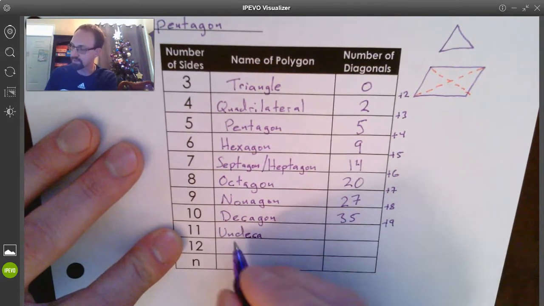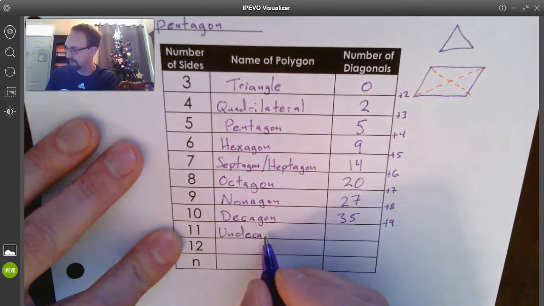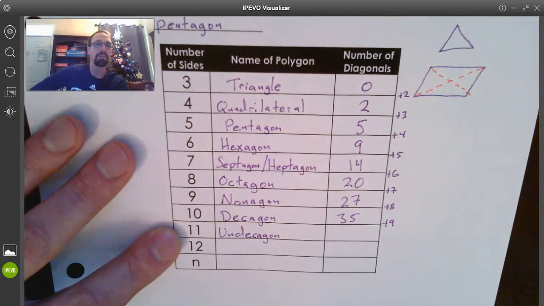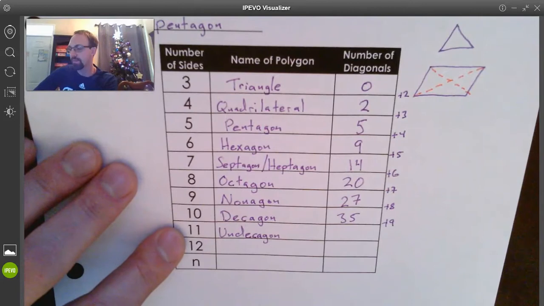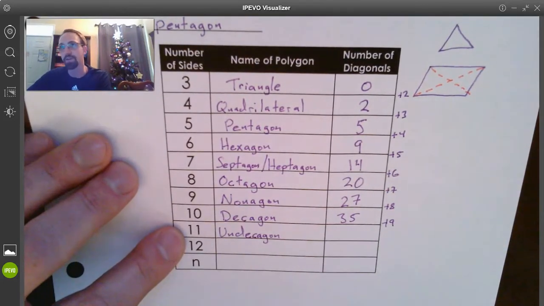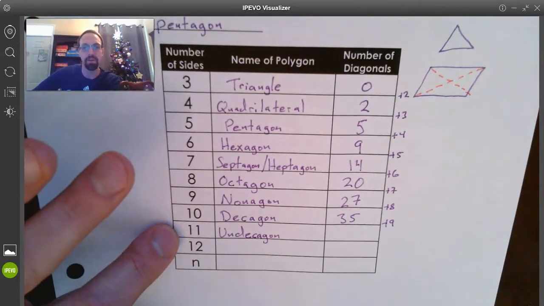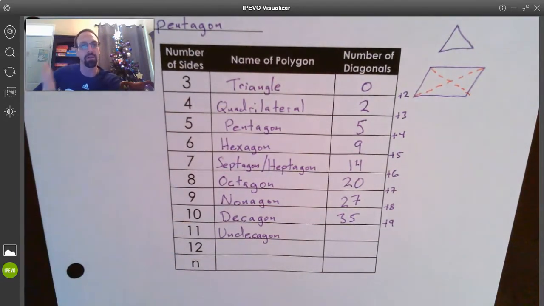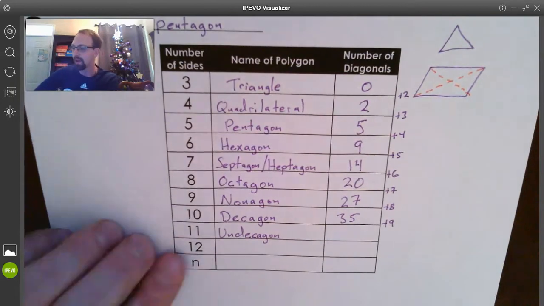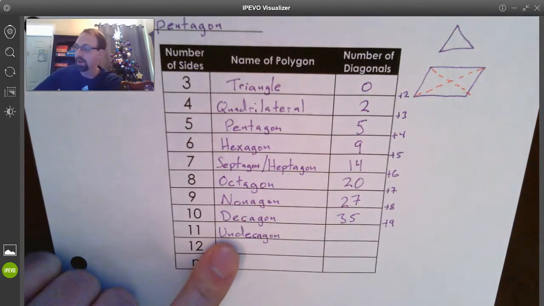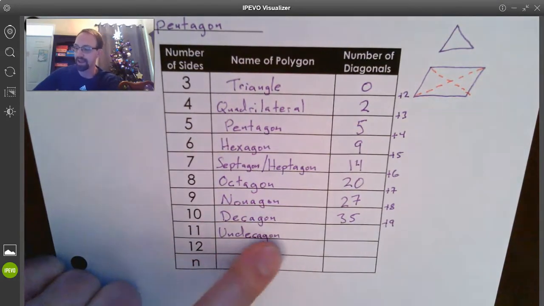I emphasized that because now we're getting into a naming system that is pretty common in languages other than English, where to name something with numbers, they usually do like 1 and 10. A way to think about it is French un, or Spanish uno, and then decagon.